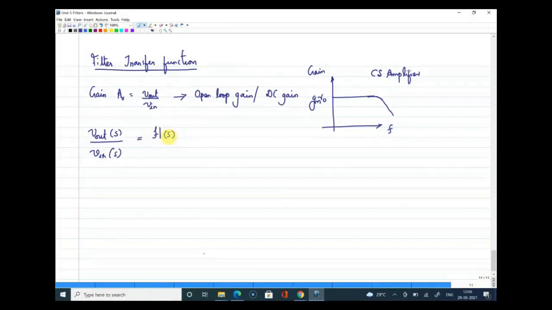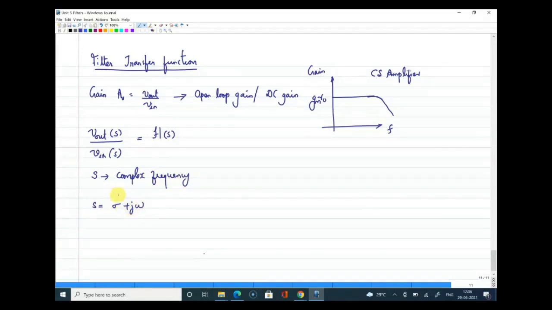Now, instead of writing it as a function of frequency f, we usually denote it in the form of s. So what is this s? We call s the complex frequency. And how will you define this s? S is defined as sigma plus j omega.